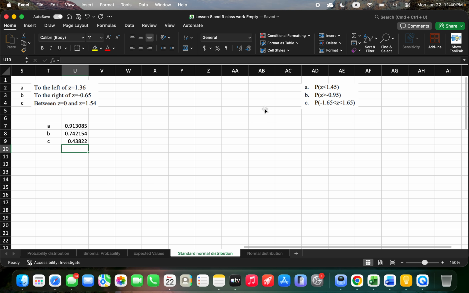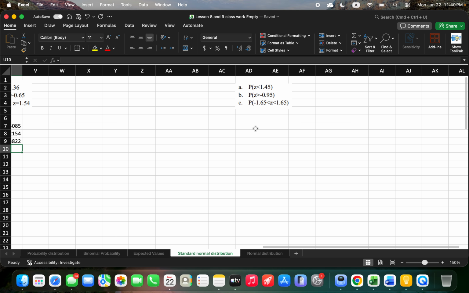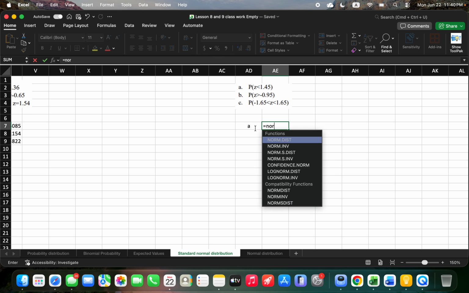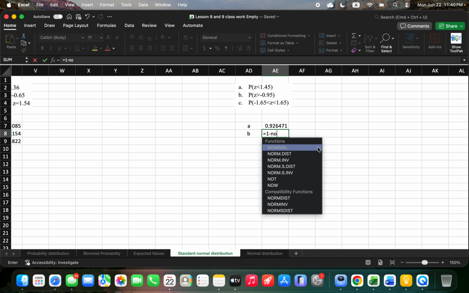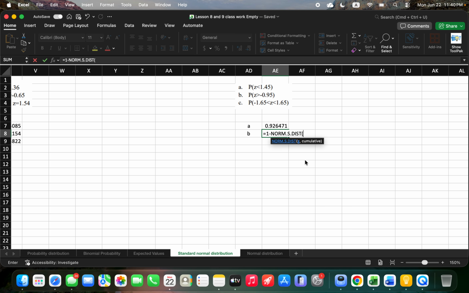So same concept as here. Therefore the answer for A becomes norm dot standard distribution 1.45 comma true. That's the answer. Now case B, right side, so equal to 1 minus norm dot standard distribution negative 0.95 comma true.